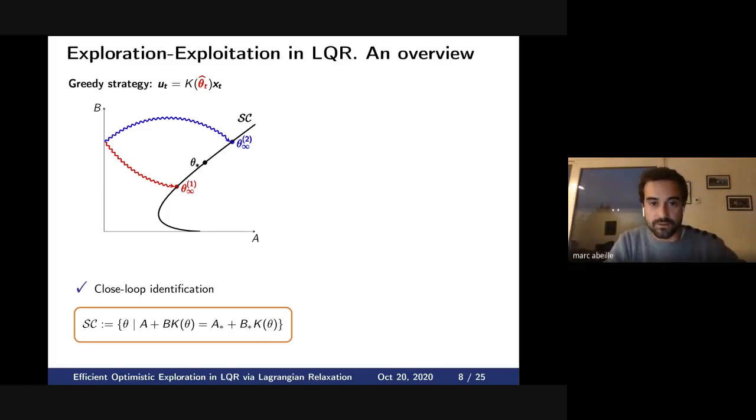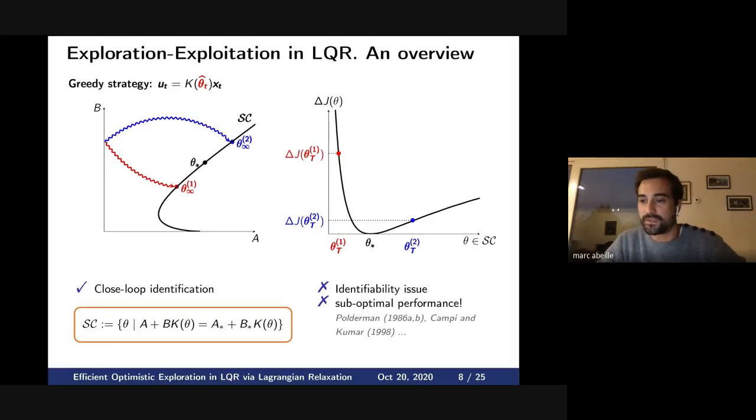Okay, so it's a good point, but unfortunately we can see on the drawing that it fails to achieve what is called open-loop identification, because we don't identify correctly the true parameters. And this lack of identifiability leads to suboptimal performance. This is what I illustrate here, where I drew, for each parameter in the self-coherent set, so each potential limit point for the greedy strategy, the difference in performance between the greedy controller and the optimal controller.